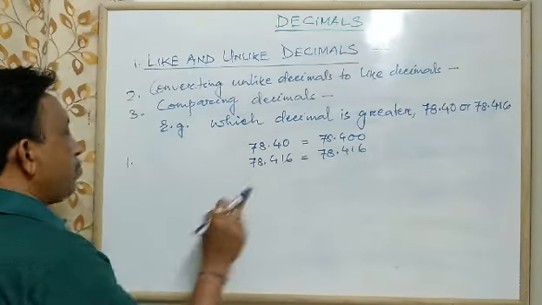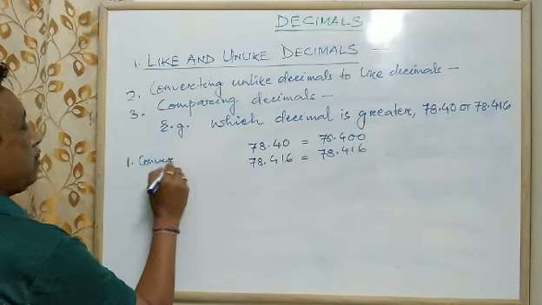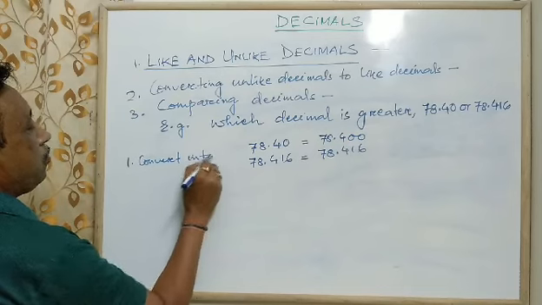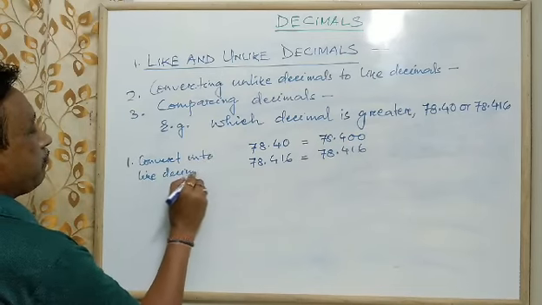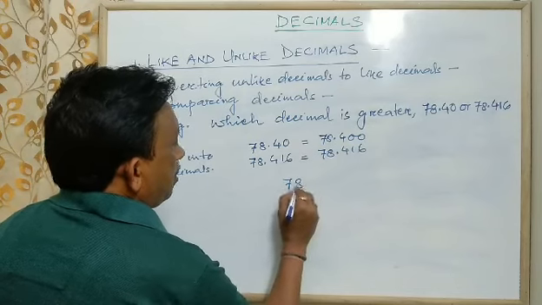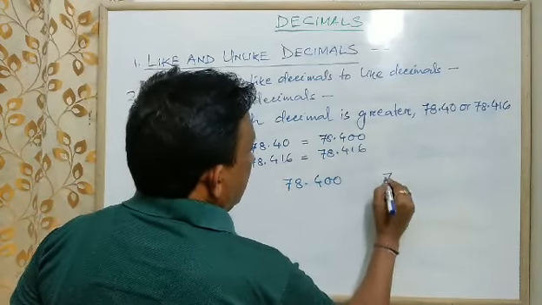So the first step is to convert into like decimals. Now you see 78.400 and this side is 78.416.